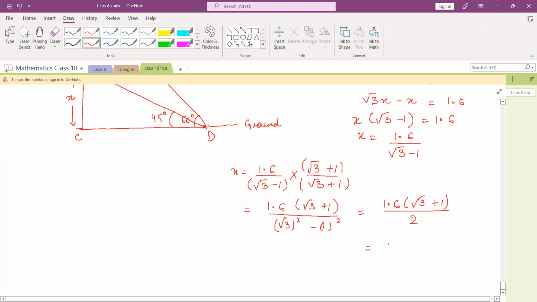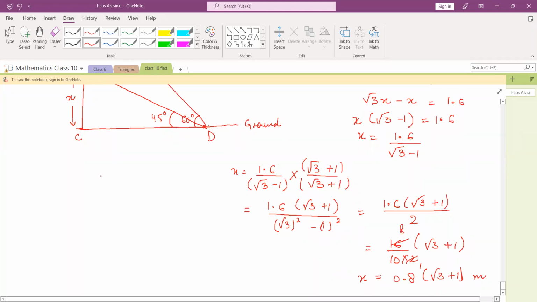Either you remove the decimal and put a 10 here, or 2 into 8 and then put the point again, so 0.8 into under root 3 plus 1 meters. That's your x. We were finding x, and we had to find the height of the pedestal.